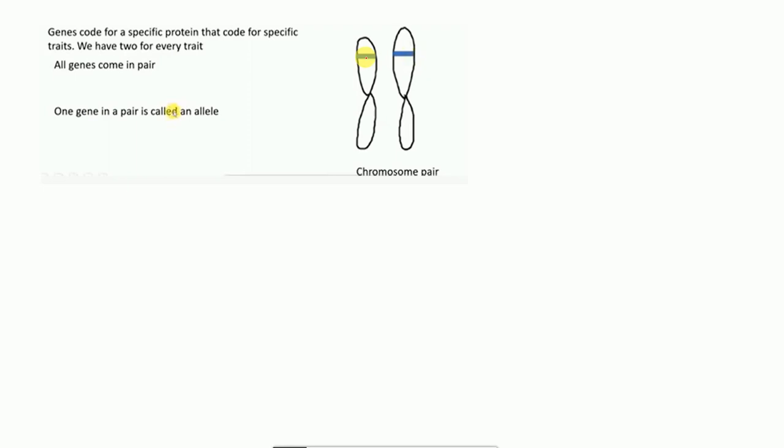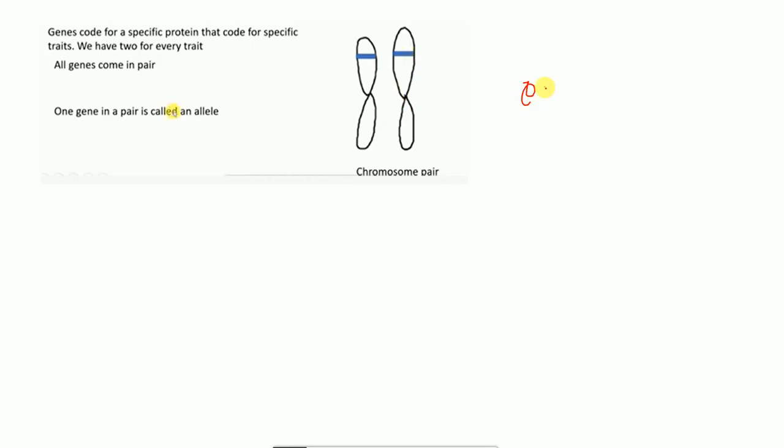These two genes come in a pair, and both of the genes code for proteins which code for eye color. So let's say this is eye color.